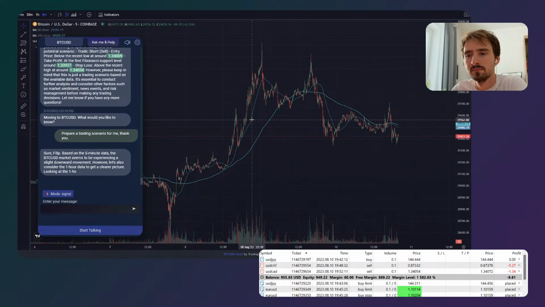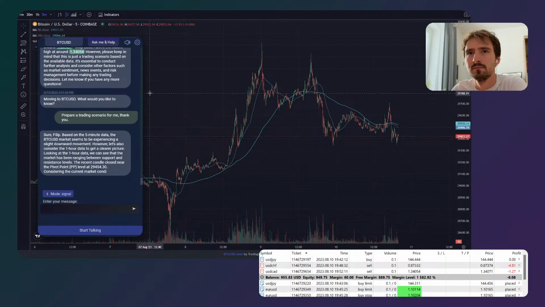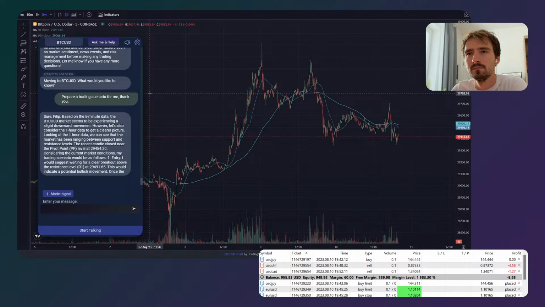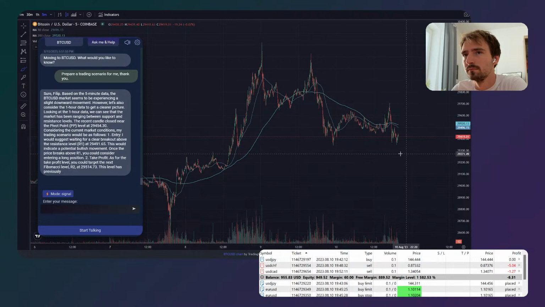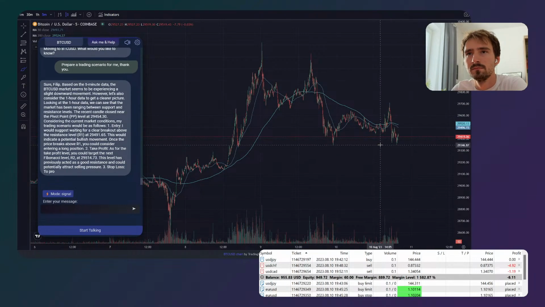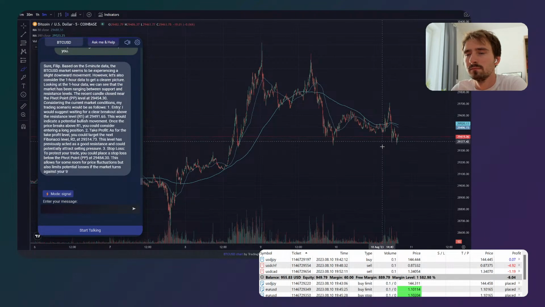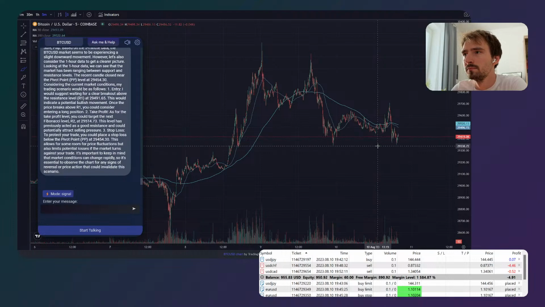Sure, Philip. Based on the 5-minute data, the BTC-USD market seems to be experiencing a slight downward movement. However, let's also consider the 1-hour data to get a clearer picture. Looking at the 1-hour data, we can see that the market has been ranging between support and resistance levels. The recent candle closed near the pivot point, PP, level at 29,454.30.